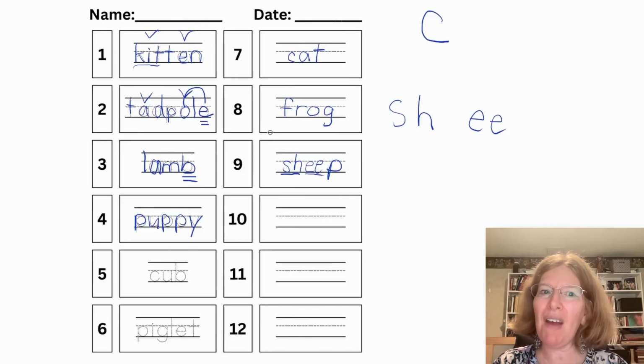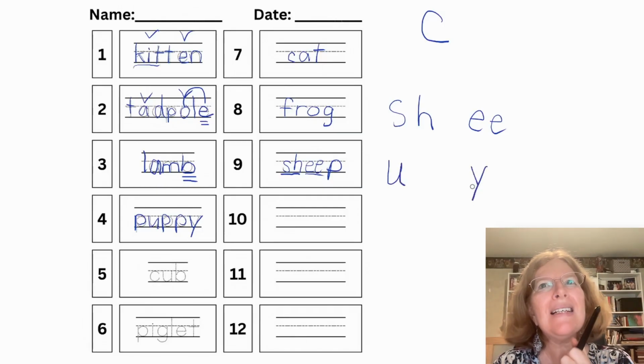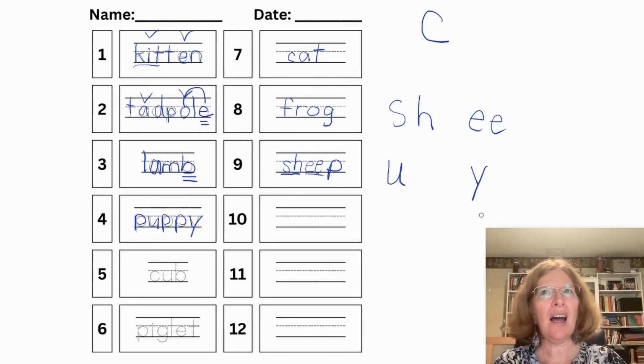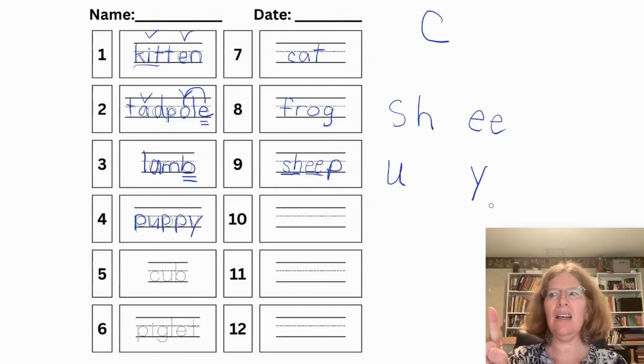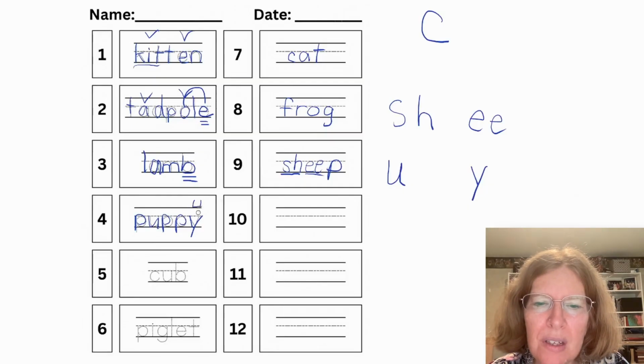Now, what are the vowels in puppy? A, U, U, and Y, I, E. Now, which sound is the Y, I, E saying? Y, I, E. It's saying its fourth sound.